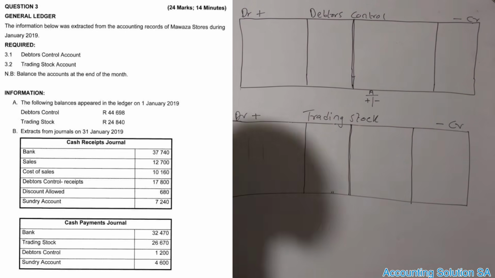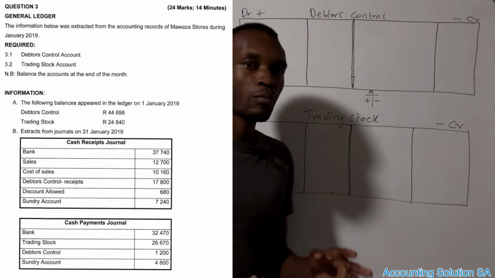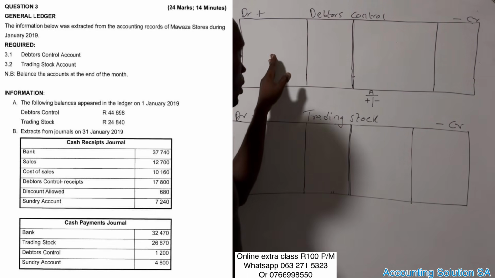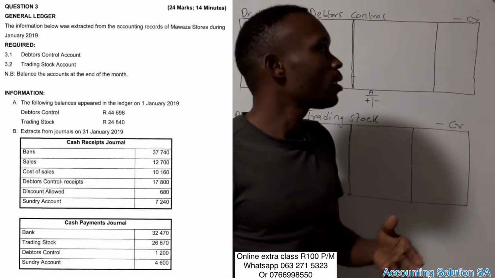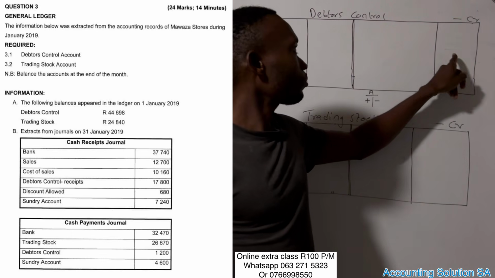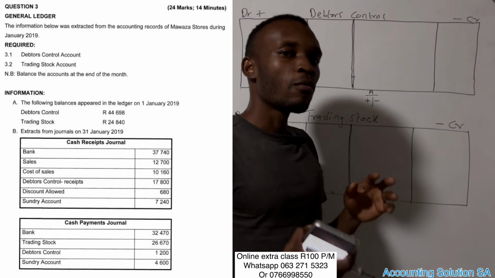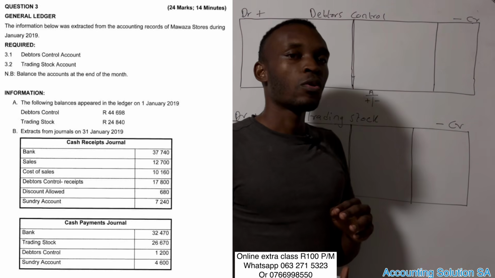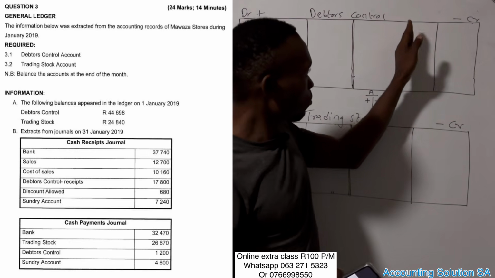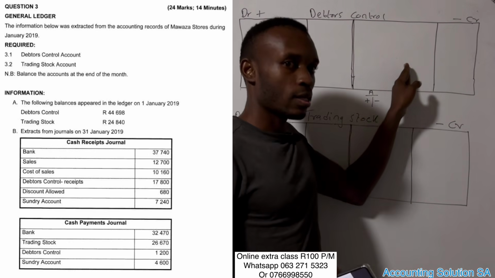Every time a debtor comes and borrows from us, his liability is going to increase on this side, but if he pays, his liability is going to decrease on this side. Something like if we give him discount, or maybe he returns goods and is no longer going to pay for them, his debt decreases on this side.